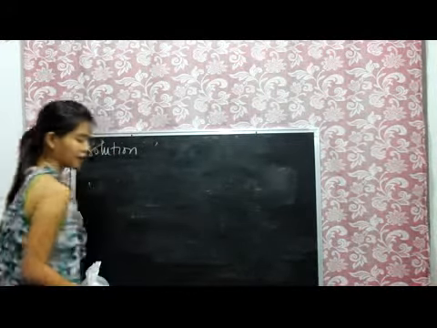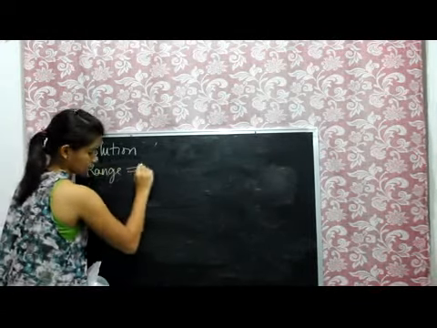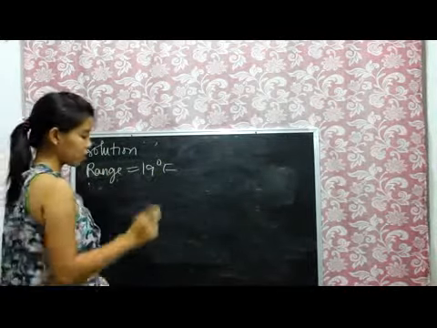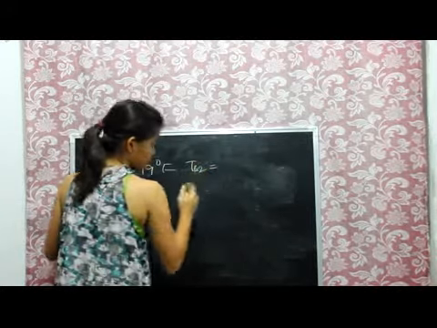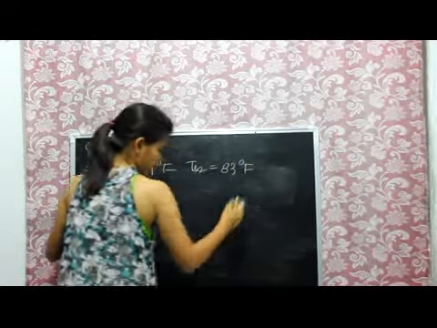And our guess range is equal to 19 degrees Fahrenheit. So TL2 could be computed from this, which is equal to 83 degrees Fahrenheit.